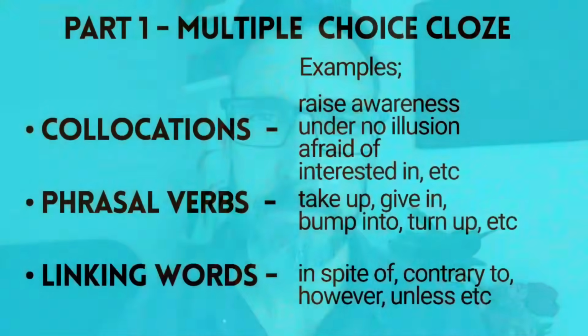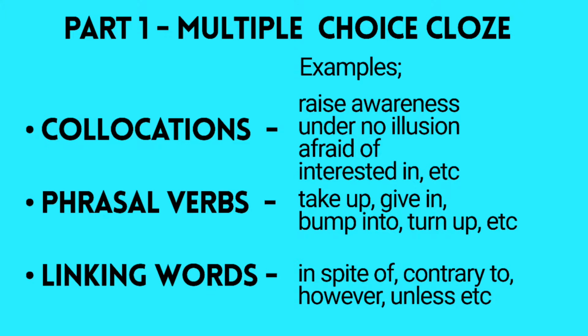Now, part one of the exam is the multiple choice questions. Really, this is focusing on vocabulary more than grammar. But having said that, you will need to study some grammar to be prepared for this part. For example, collocations. To identify the correct word in the multiple choice of four, often the correct answer will be a collocation with another word in the text.